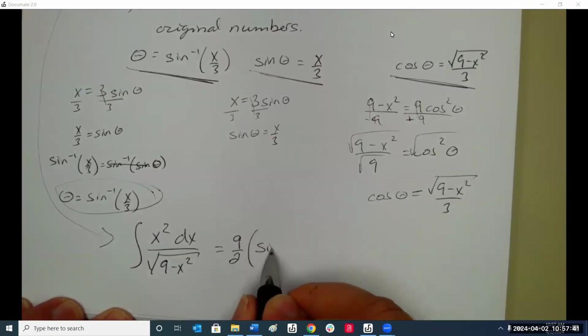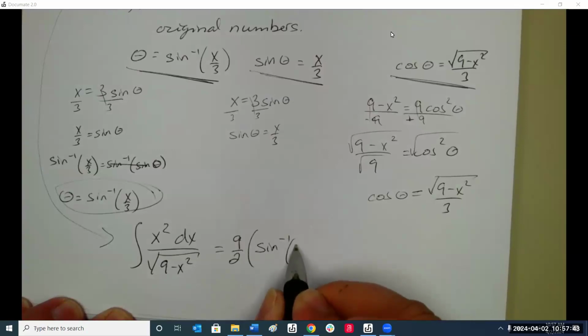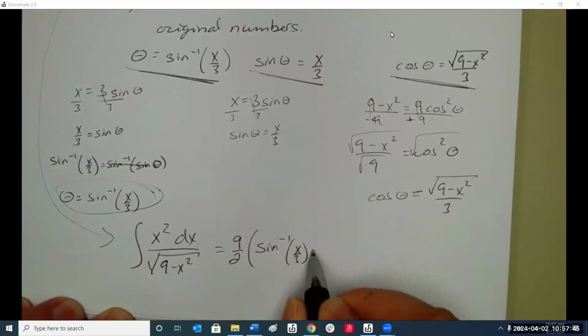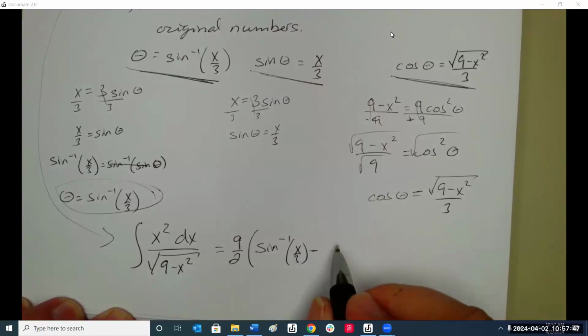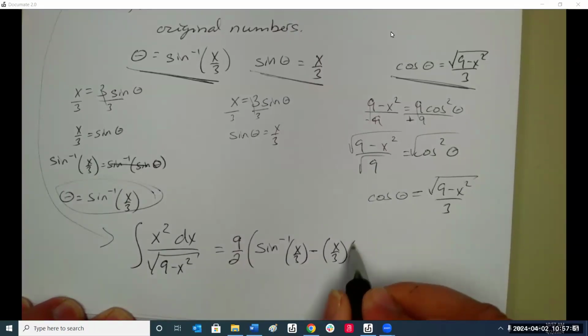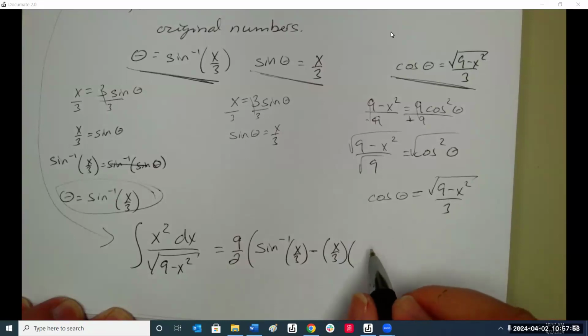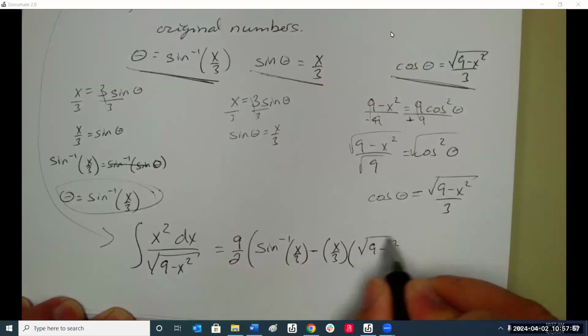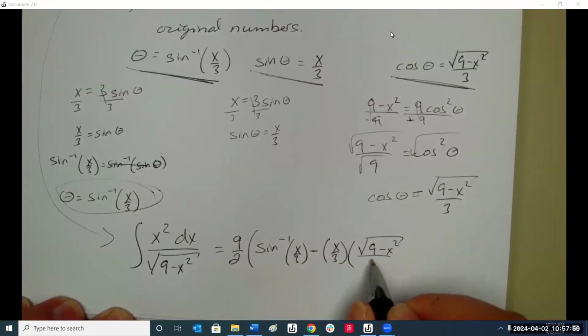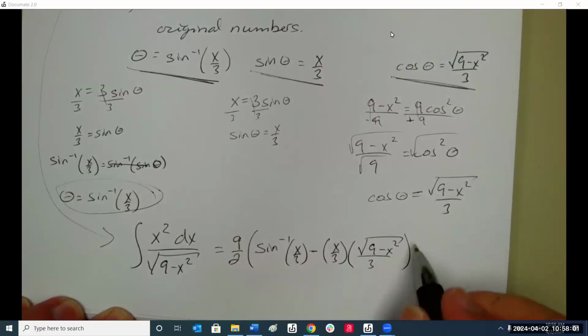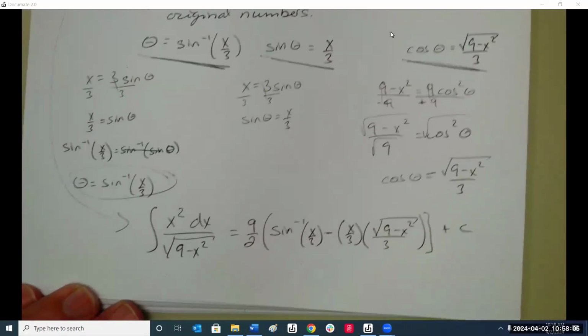Theta is the inverse of sine x/3. Sine is x/3. Cosine is square root of 9 minus x squared over 3, plus c.